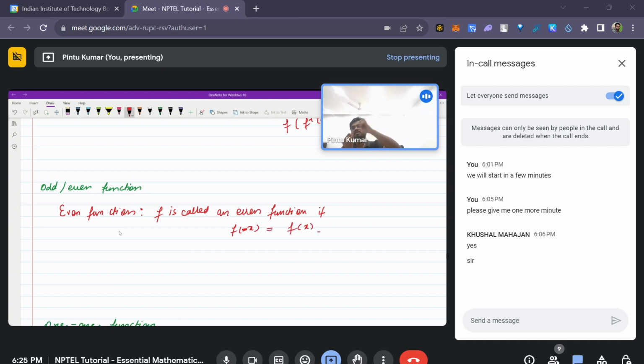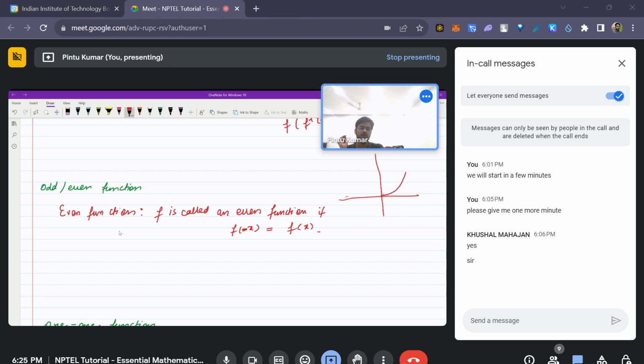So even if you input the value with a negative sign, you will get the same value. If you look at it geometrically, it means that it should be symmetrical about the y-axis.